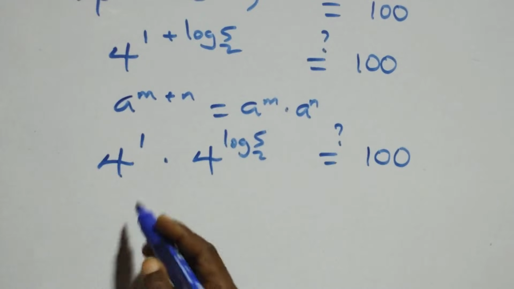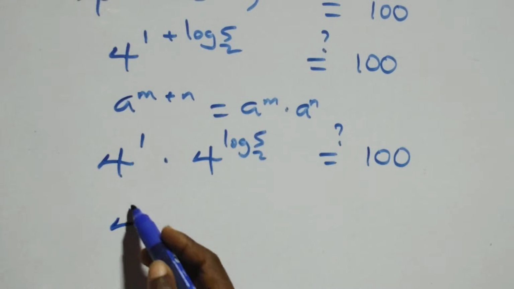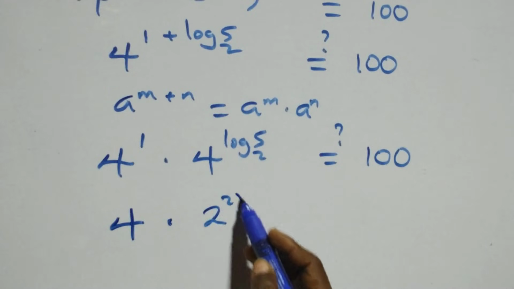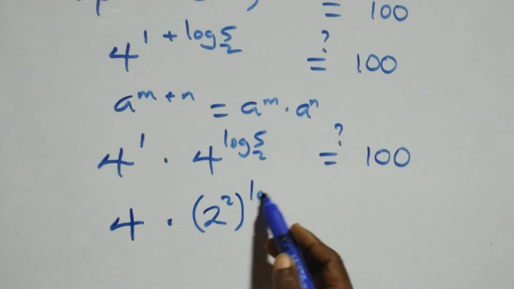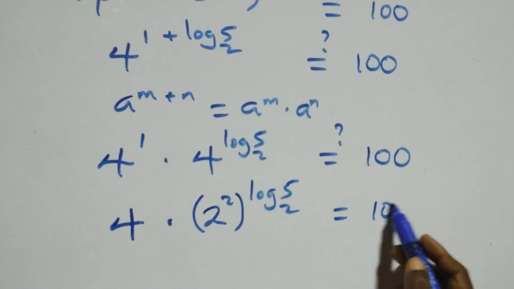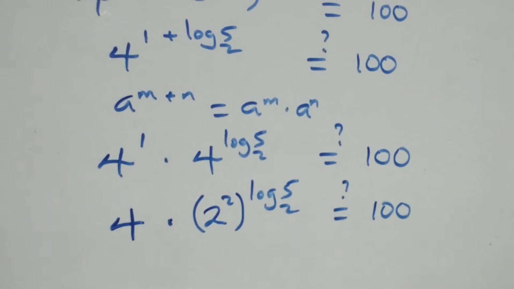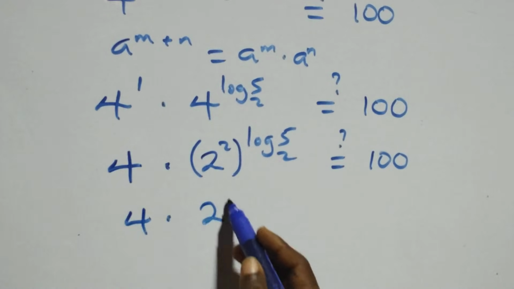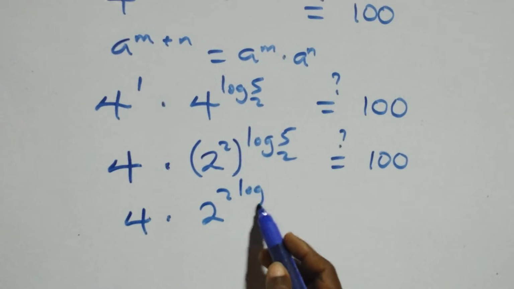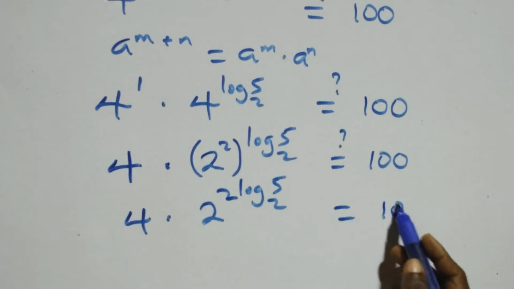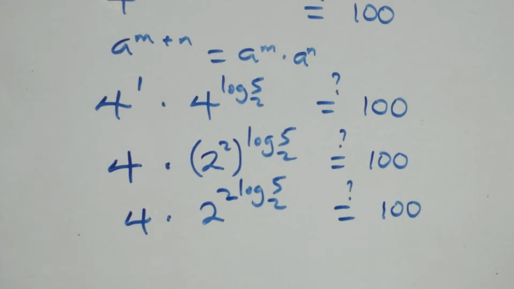That is 4 raised to power 1, same thing as 4, times 4 written as 2 squared, raised to power log 5 base 2, equals 100. Here we have 4 times 2 raised to power 2 log 5 base 2 equals 100 on this side.